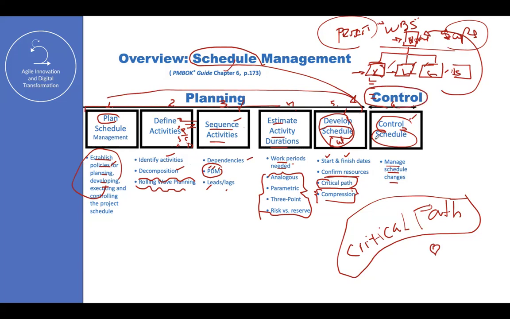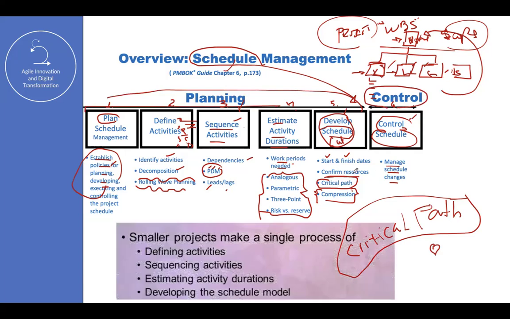You don't need to memorize that for the exam. Absolutely no. Good news that I gave you is that in simple or smaller projects, you can make a single process of 1, 2, 3, and 4 processes. So meaning that this breakdown in 6 processes is just for learning purposes.